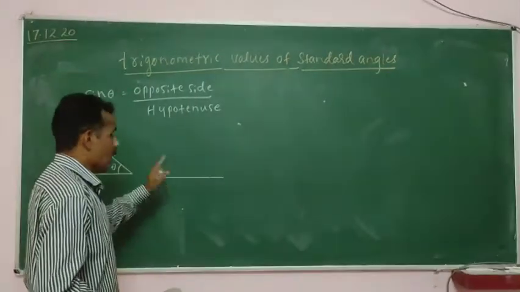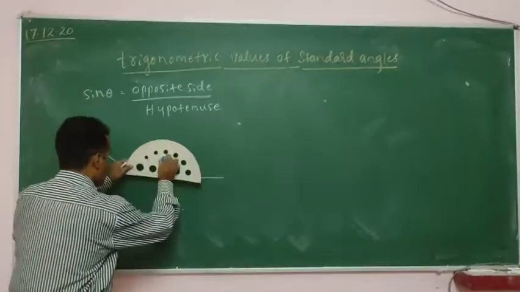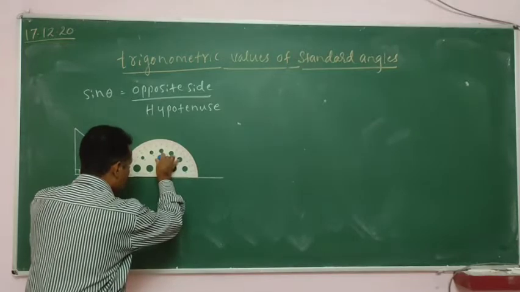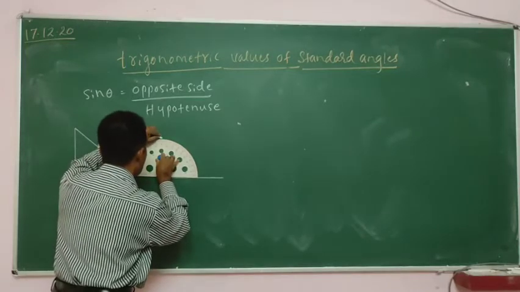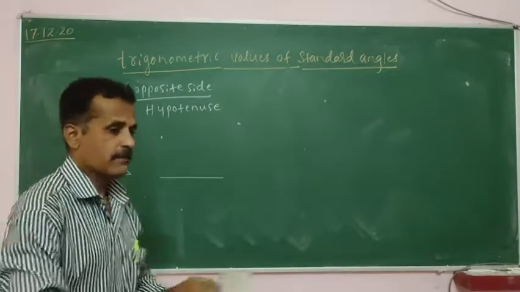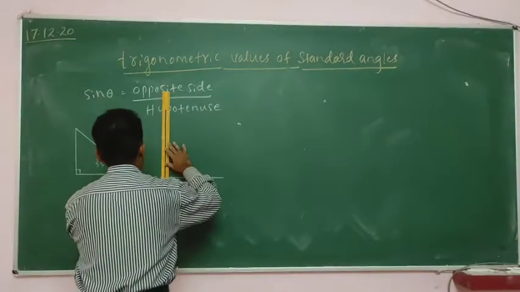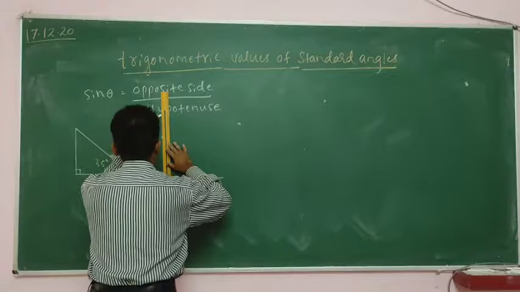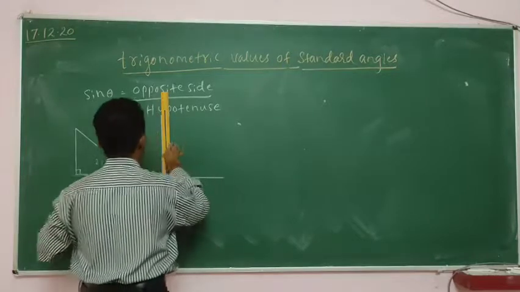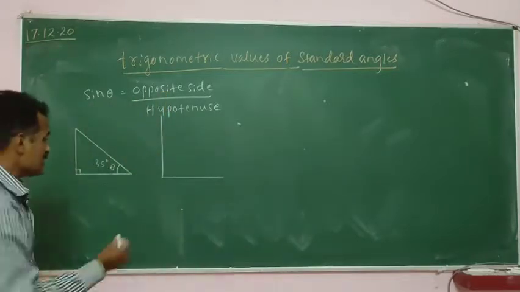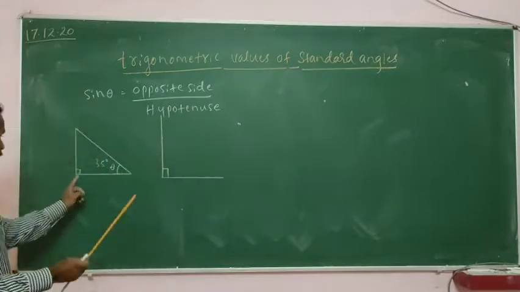Now, after drawing the base, you have to draw a perpendicular. I have marked here 90 degree. Join it. Okay, we got 90 degree.